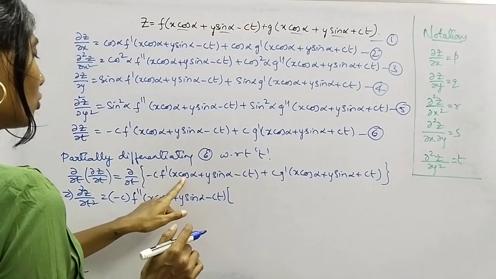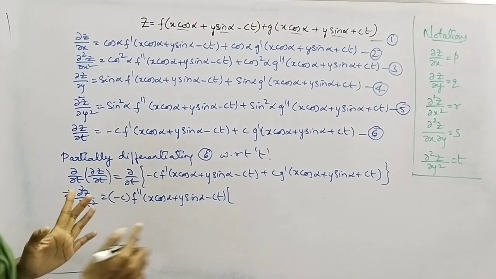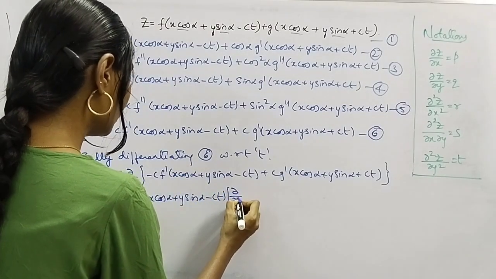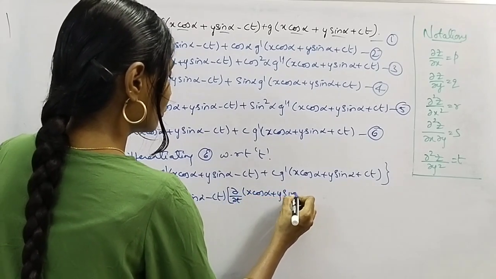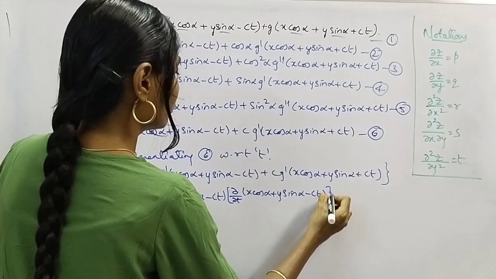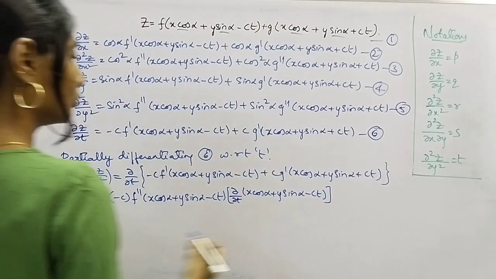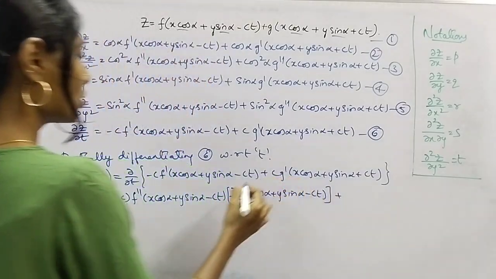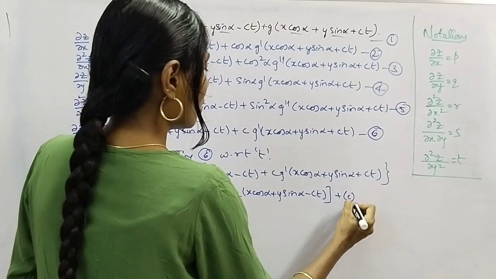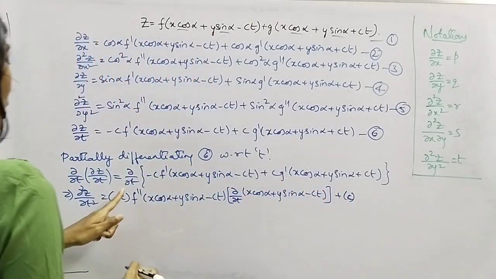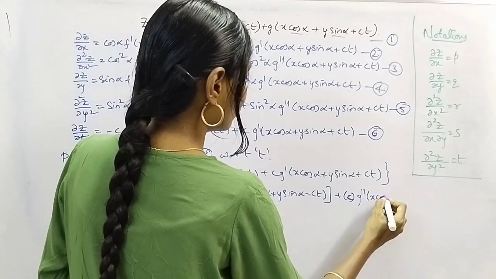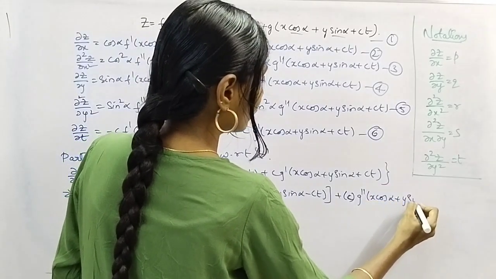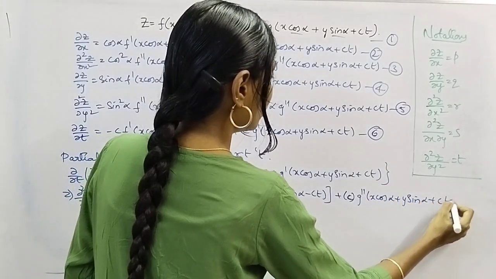We'll get the partial derivative of x cos alpha with respect to t is 0. Plus constant c into the partial derivative of g dash with respect to t is g double dash, into the inner derivative.